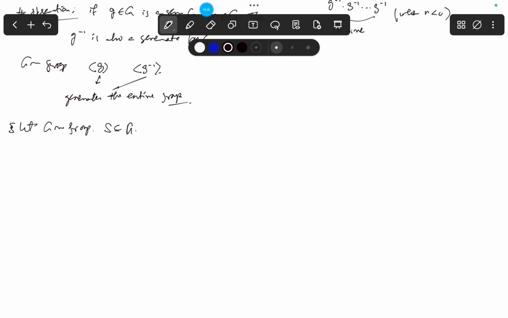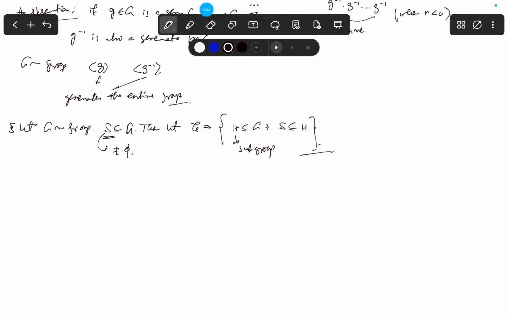Then let the class of the groups, this is C, be basically of the form H such that H is a subgroup of G such that S is contained in H. So we consider all the subgroups of G that contain this particular subset S, and of course we consider S non-empty.